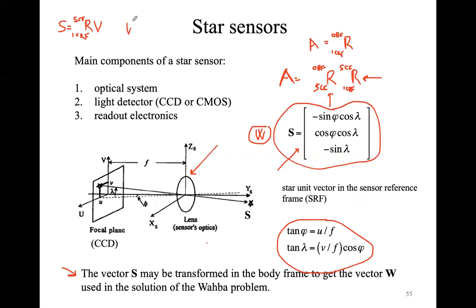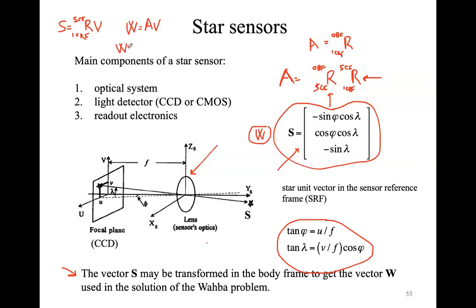What you want to compute is W, and W is indeed the attitude matrix times V.